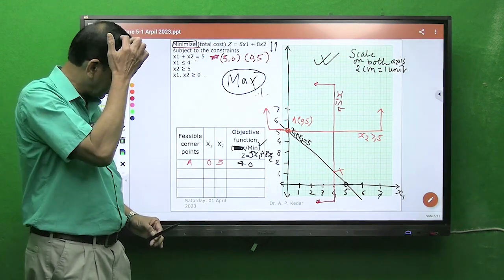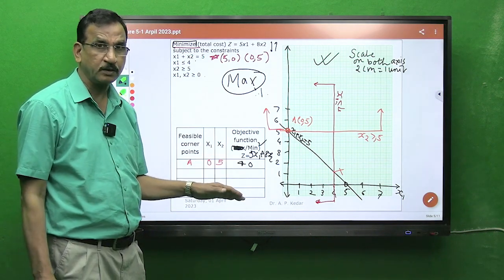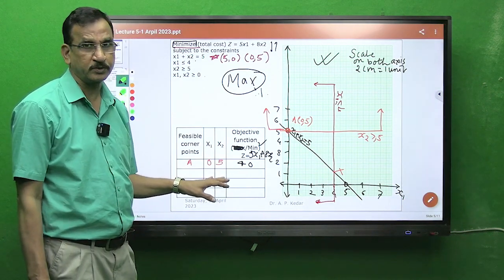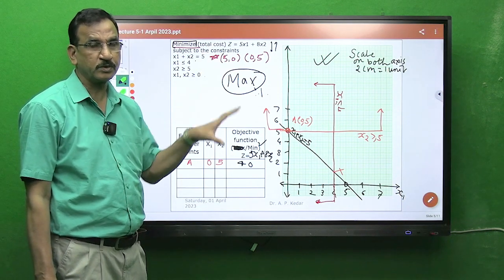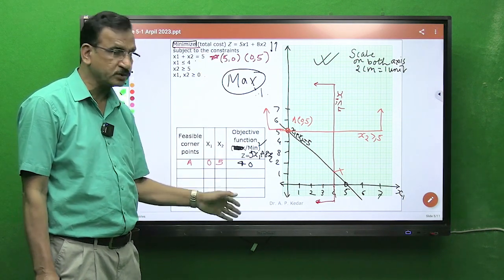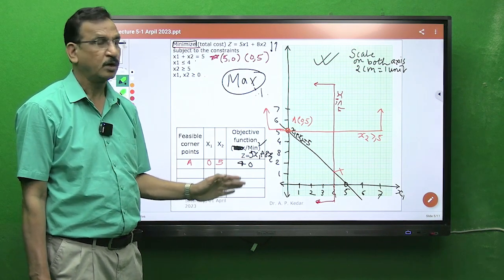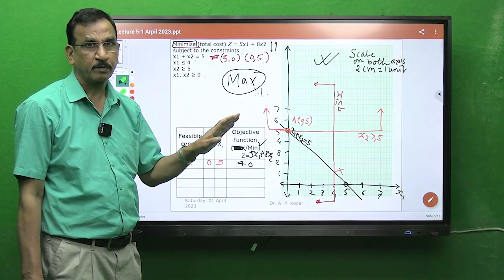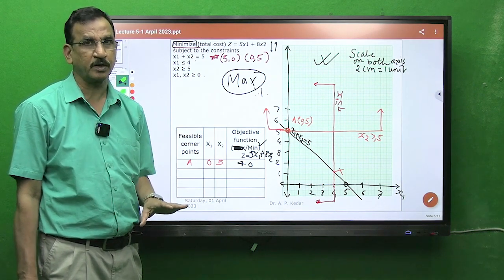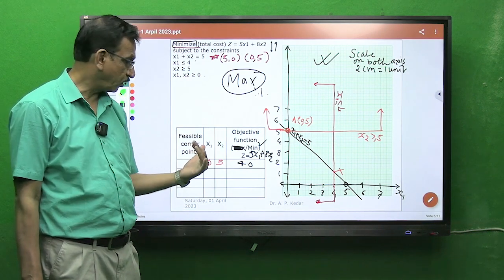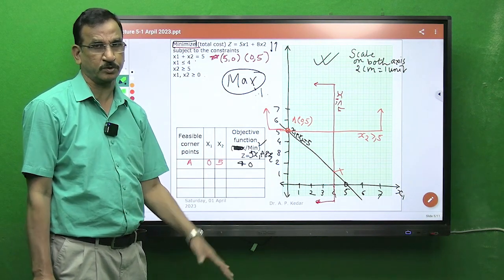Now in these cases, whenever you have more than one point, say 2 or 3 points, for minimize you will select the minimum value amongst the available feasible corner points, and if you have a maximum objective function, select the maximum value from amongst the feasible corner points.